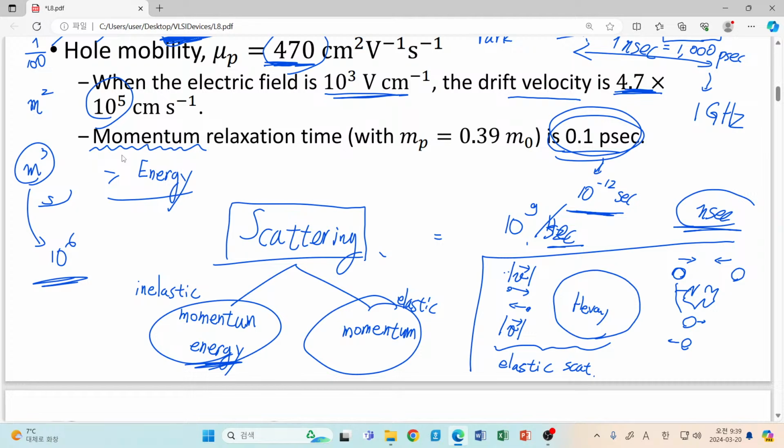If your electrons suffer only from elastic scattering, then your momentum will decrease quite fast. However, energy will not be relaxed quite fast. If elastic scattering is the dominant mechanism of your system, then your electron just loses its momentum only, and velocity is just kept as before.